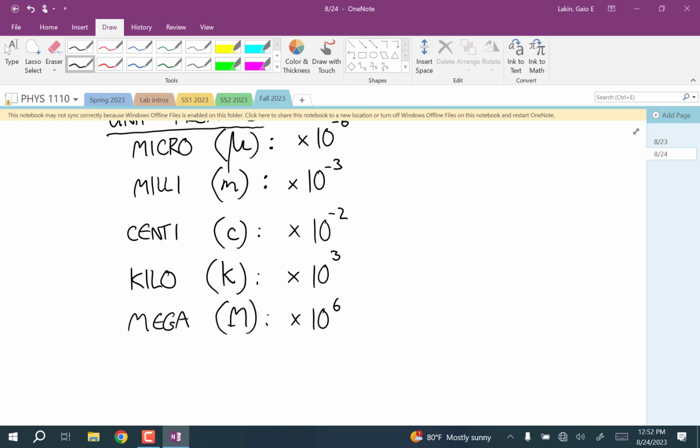If you're trying to convert from kilometers to millimeters, you're going from kilo to milli. The way you do that is you go kilo to meters and then meters to millimeters. So all you need to convert from anything to anything else is to be able to go from a prefix to none and then from no prefix to a prefix.